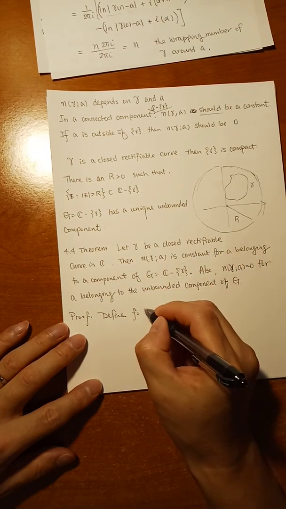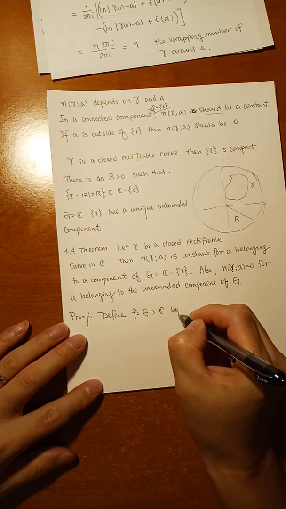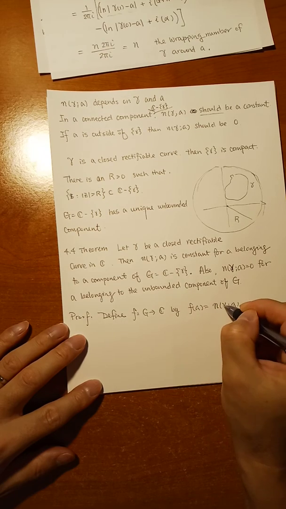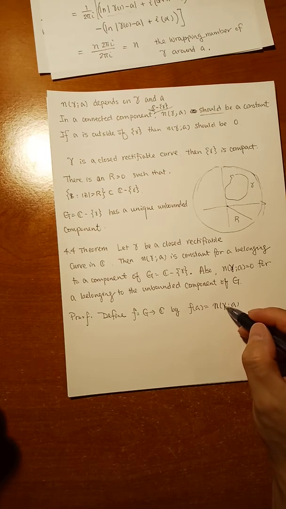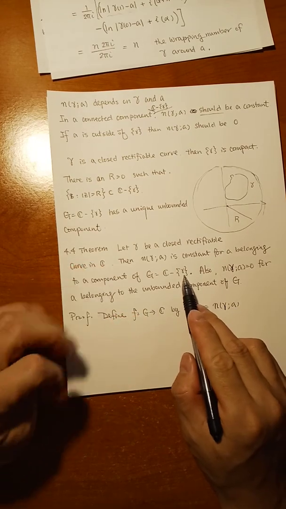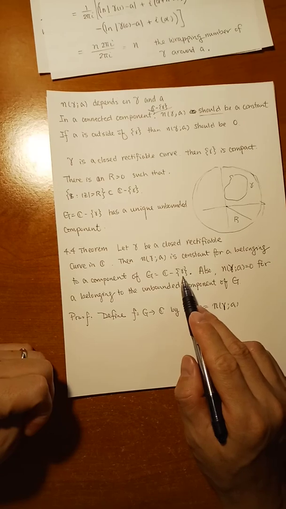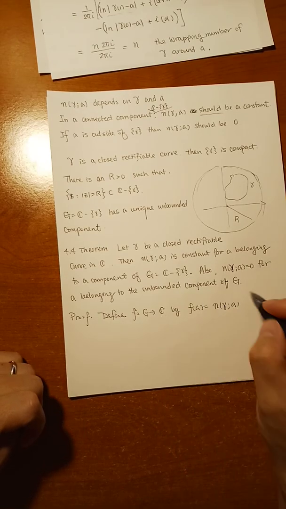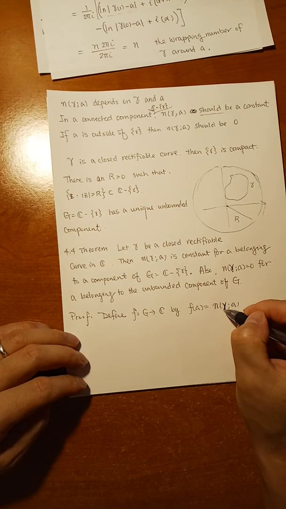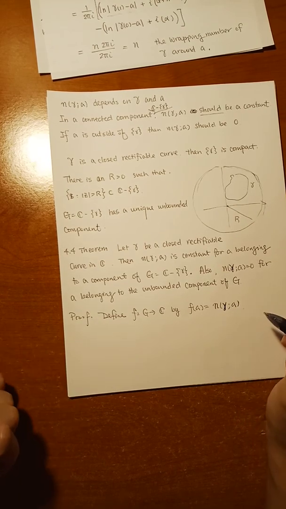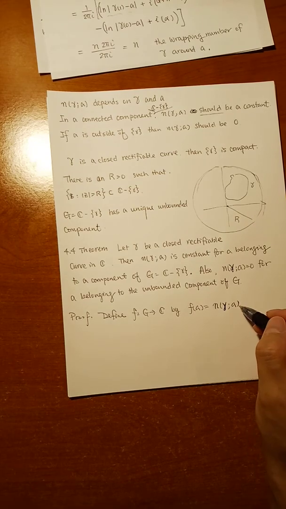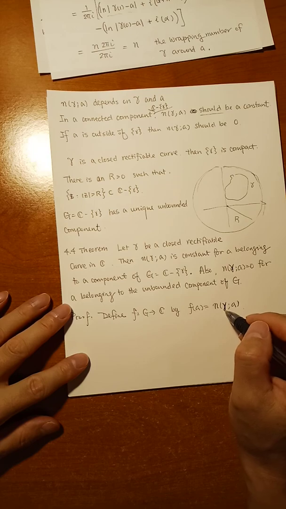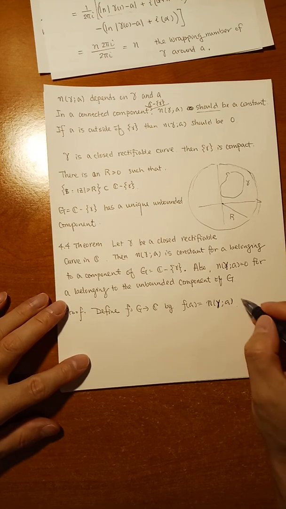So we define a function F(A) equal to the winding number of gamma with respect to A. F is defined over G because G is the complement of gamma. Every A in G does not belong to gamma, so you can compute the winding number. It takes an integer value, even though we write C here.